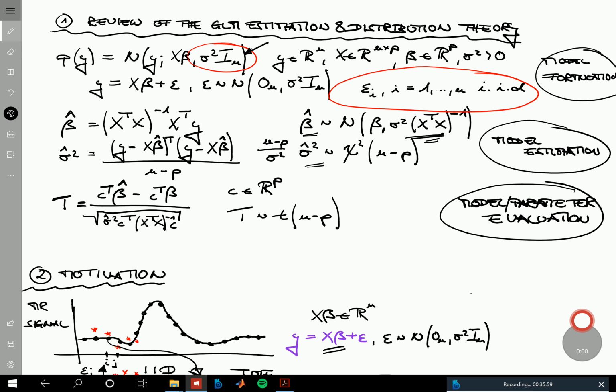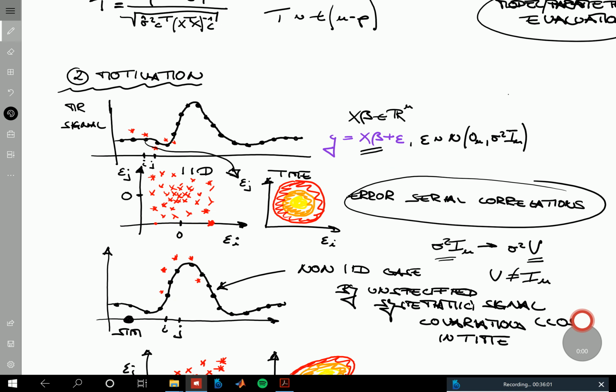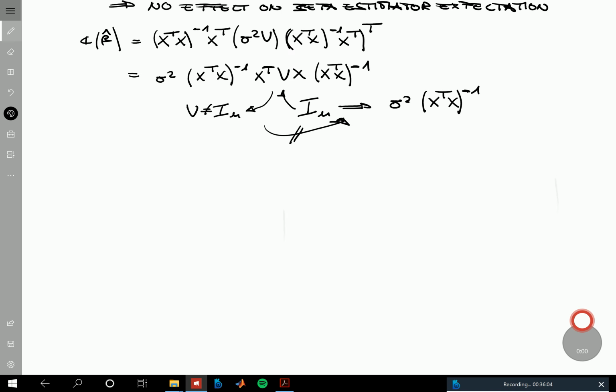So what do we have essentially as results of error serial correlations? First, the error covariance is not this. This is of course the basic thing, that the data are not IID.